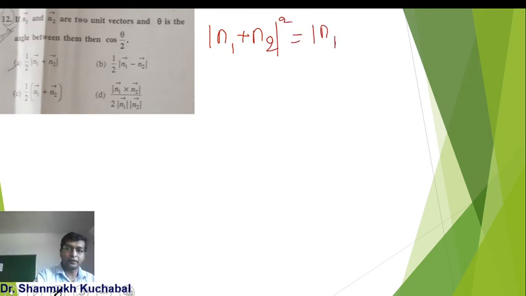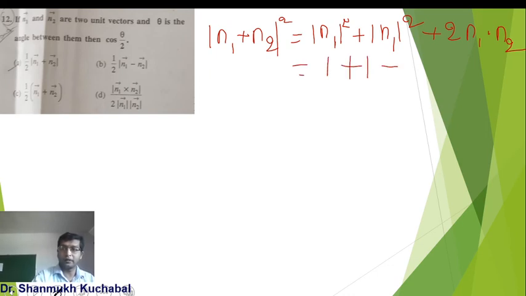Yes, we'll move to our next example. If n1 and n2 are two unit vectors and theta is the angle between them, then we have to calculate cos theta. For that I am taking |n1 plus n2| whole square equal to a square plus b square plus 2ab. Since these are unit vectors, we take 1 plus 1 plus 2 times n1 dot n2, and this dot product we take as cos theta.